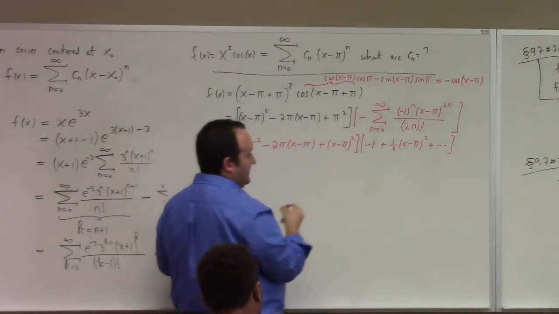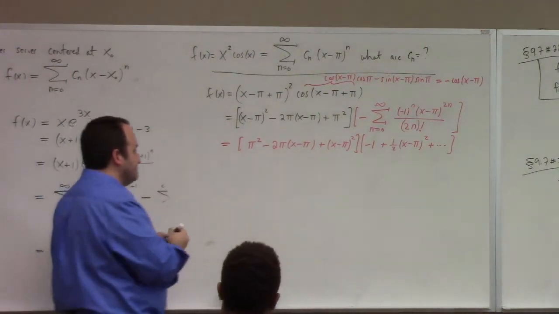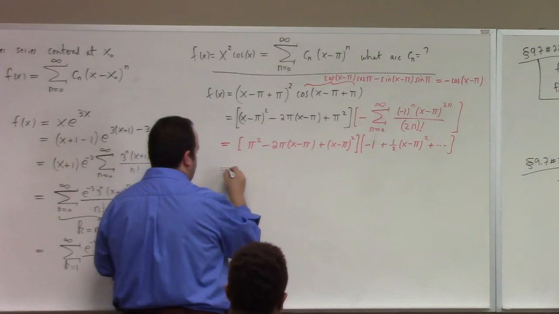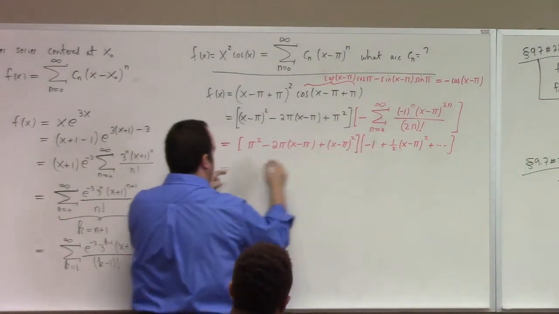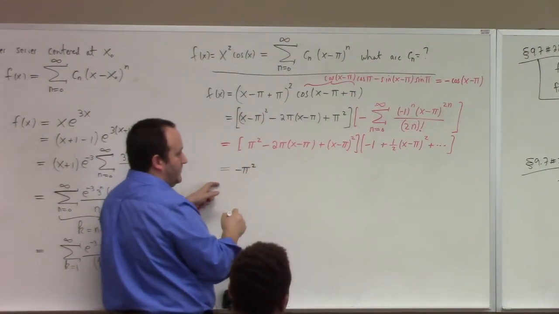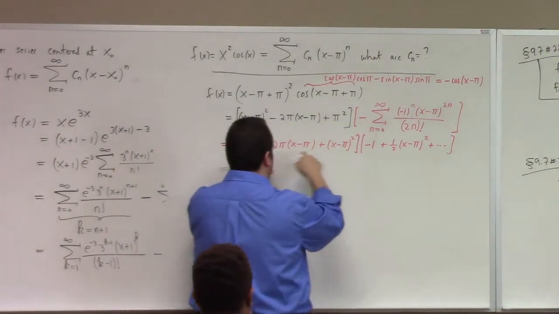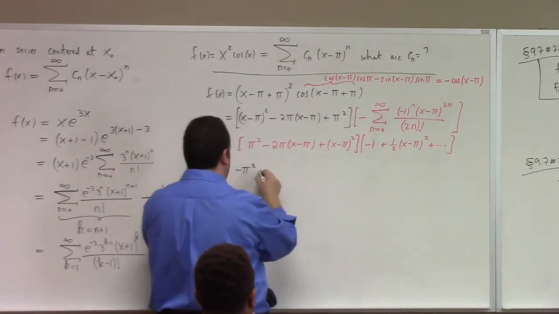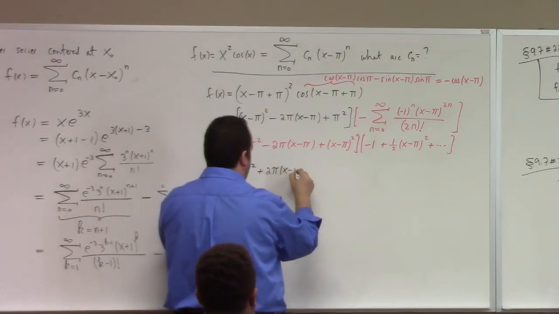So I could multiply series and see what I get. If we're right, we should match the answer that we got over there. So what's the constant term? Right, that's the constant. Is there any other? That's it for constant terms. How about linear terms? This times this, I get plus 2 pi, plus 2 pi.